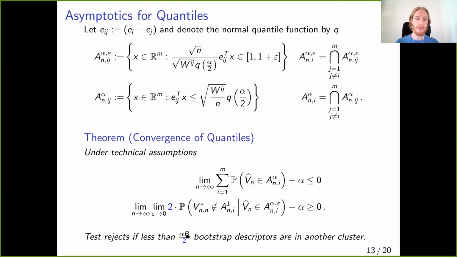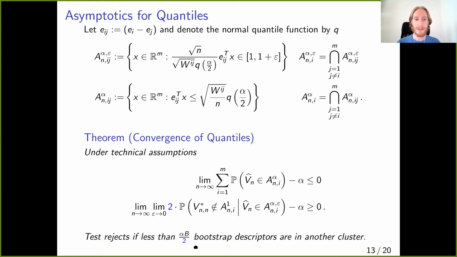So if we take 1,000 bootstrap resamples and we take an alpha of 0.05, so the typical 95% confidence level, then we actually need to have less than 25 points in the second cluster before we can reject. So in the example I gave you before, where we had 40 points or 4% of the points in the second cluster, we could not reject the null hypothesis that the mean might actually be non-unique.